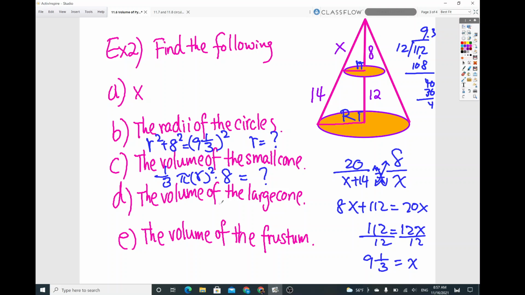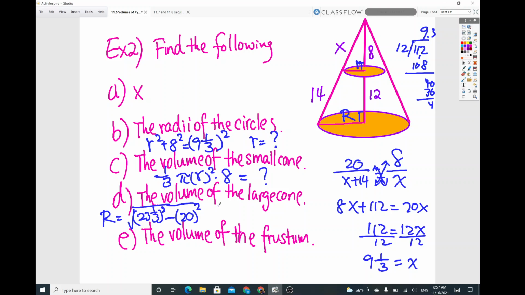And for the volume of the large cone, you can use proportionality to find the capital R first, or you can use the Pythagorean theorem. Using the Pythagorean theorem, R equals the square root of 14 plus x, so 14 plus 9 1/3, which is 23 1/3 quantity squared, minus the height, 20 quantity squared.